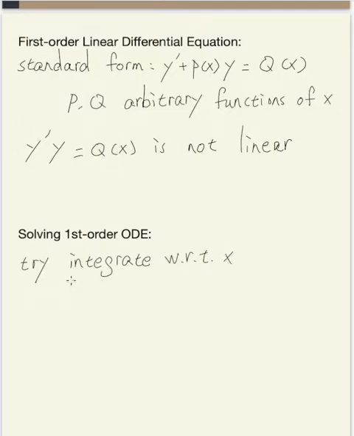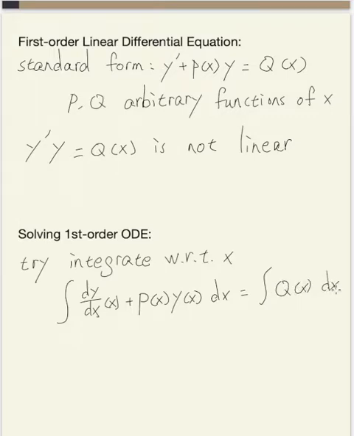Then the left-hand side becomes dy dx, and that's a function of x, and then plus p of x times y of x, dx equals the integral of q of x dx. Now, since q and p are both known functions, the right-hand side can be easily evaluated.